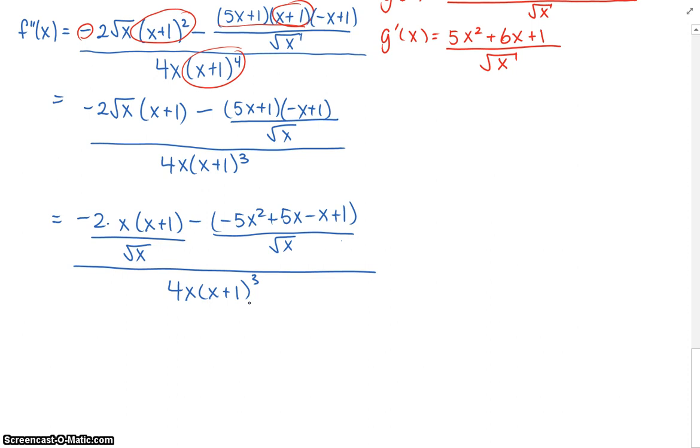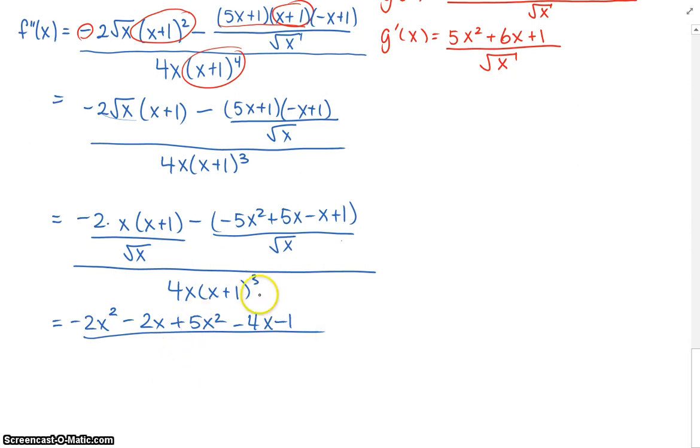So by finding a common denominator of root x, I can then have this side multiplied by root x, which gives me just x up here at the top, and I've distributed this out, so now I have a common denominator. You can then do -2x squared minus 2x, and work through your whole entire numerator, so that becomes 5x squared minus 5x, actually make that 4x, and then minus 1.